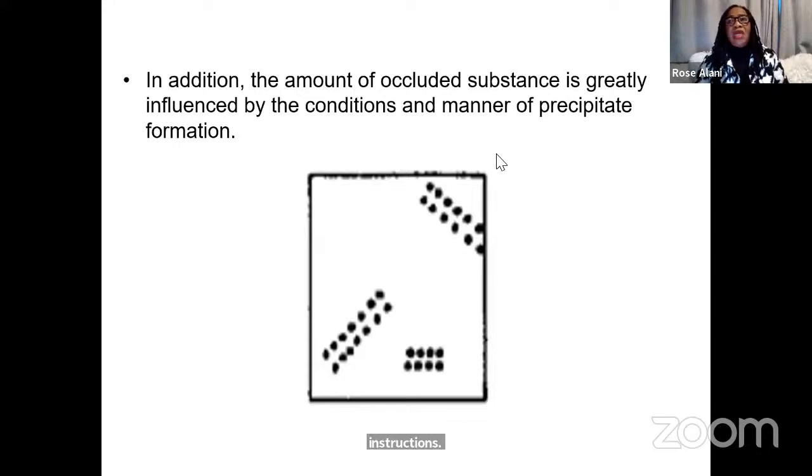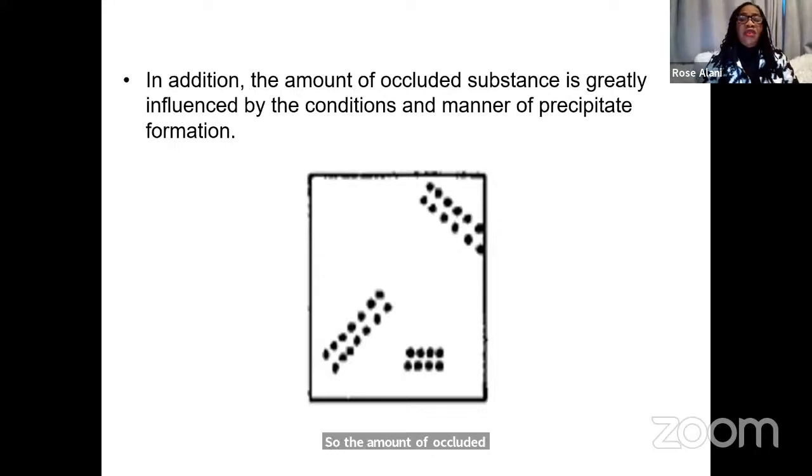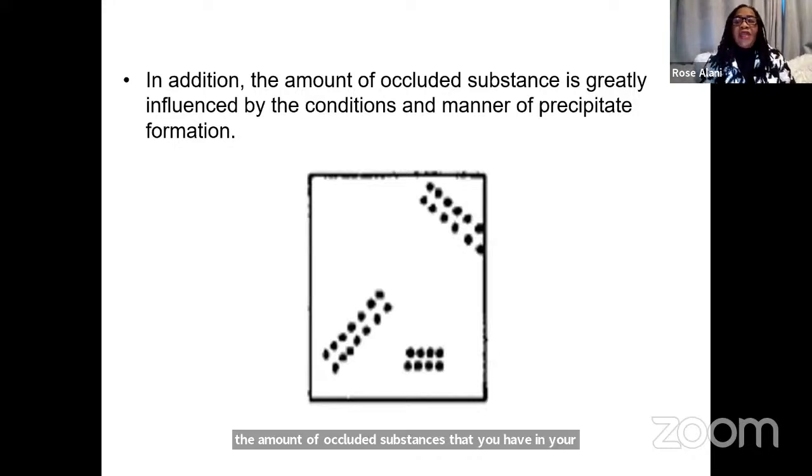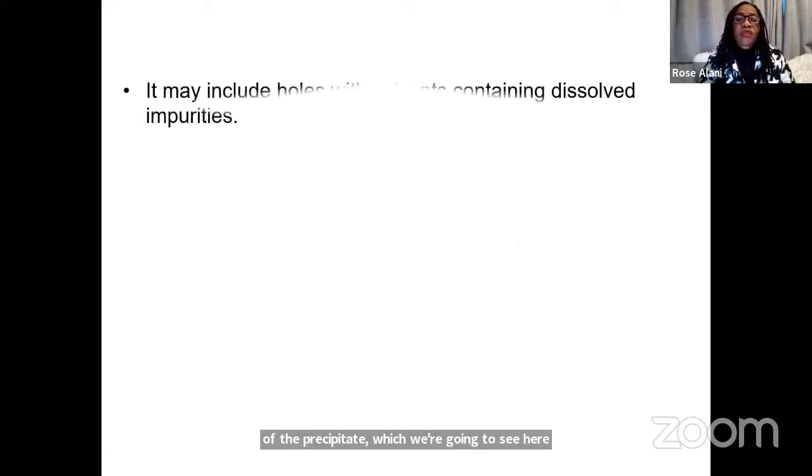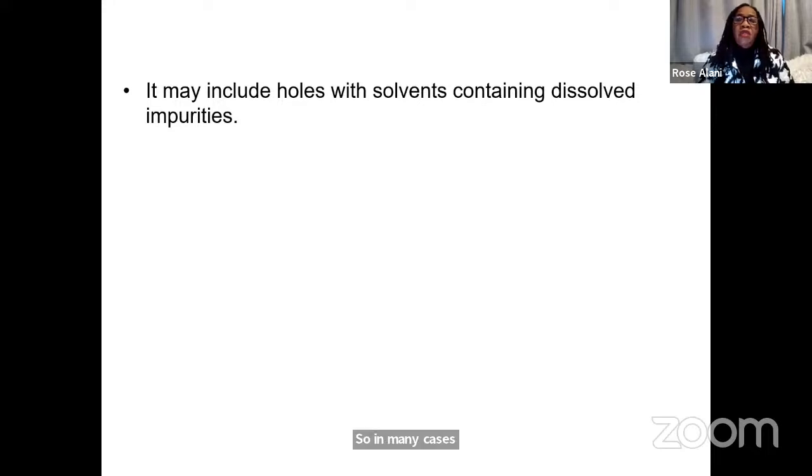So the amount of occluded substances that you have in your crystal is greatly influenced by certain conditions and the manner of formation of the precipitate, which we're going to see here. So in many cases, you see the hole is formed, a hole within with the solvent containing dissolved impurity.